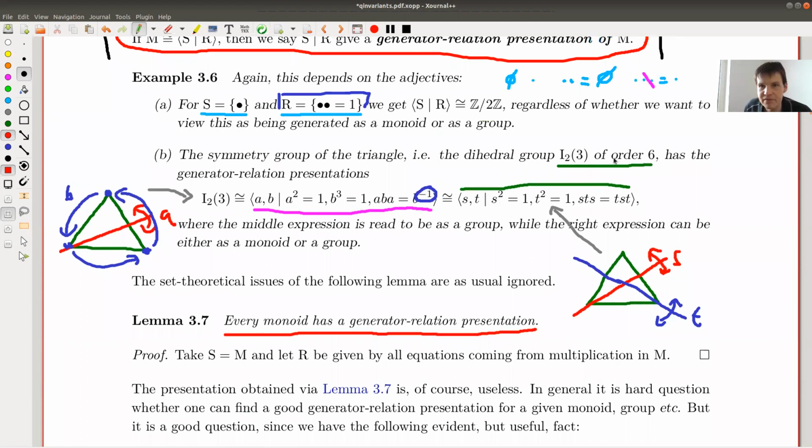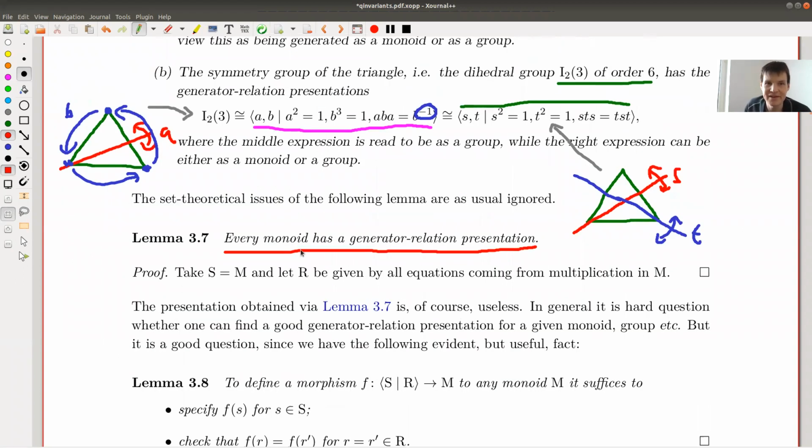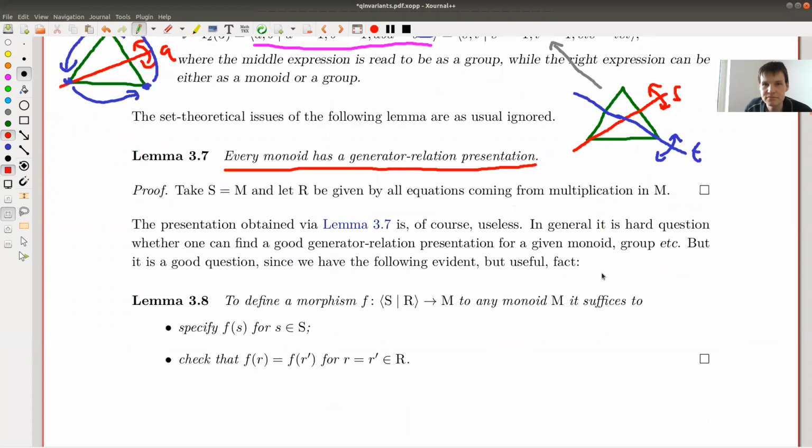Like in this example, the group has order 6, but you only have 2 generators. So that's already much better. In this general lemma, the number of generators is the order of the group. That's not really helpful. And the relations are just the multiplication table itself. Yeah, okay. That's not really helpful.